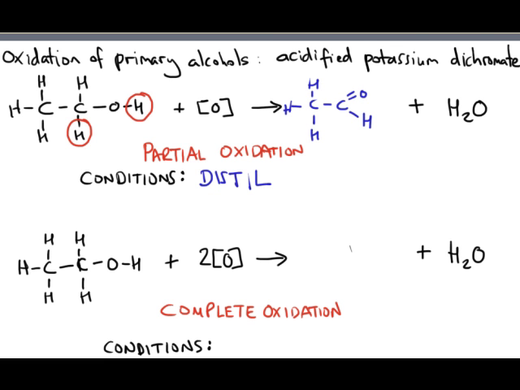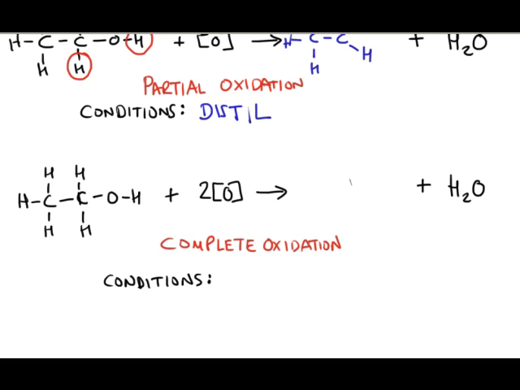The second, which is complete oxidation, is where we have an excess of the oxidizing agent. And first of all, we remove the H's to make the aldehyde. Then we form the carboxylic acid.